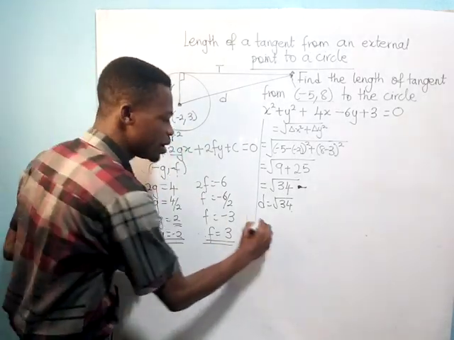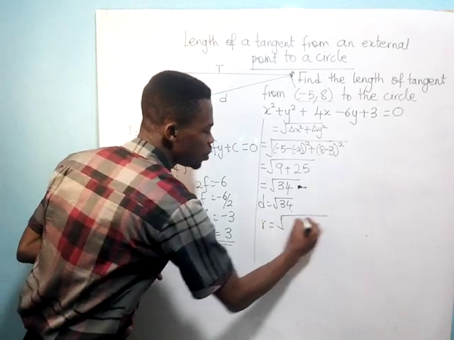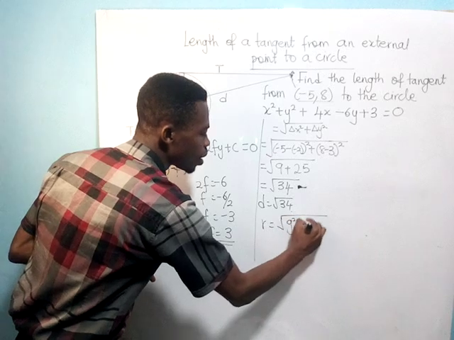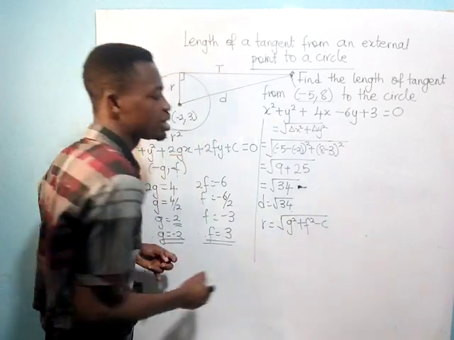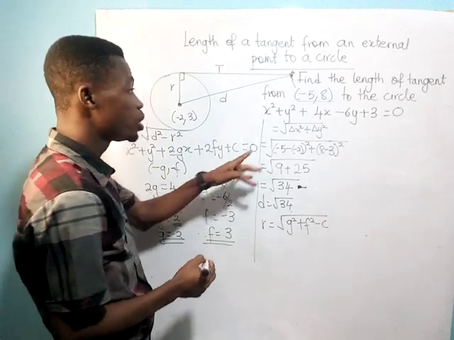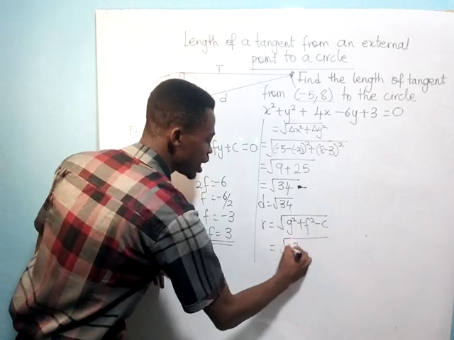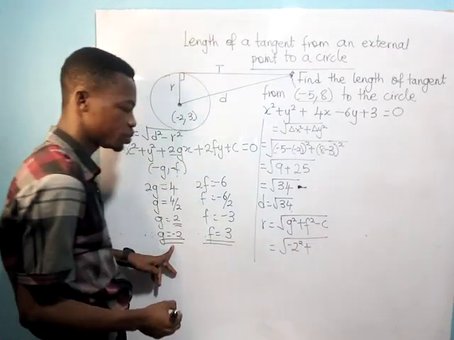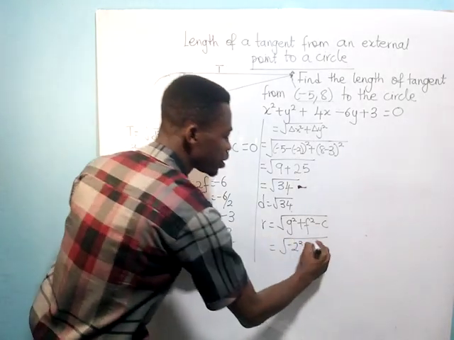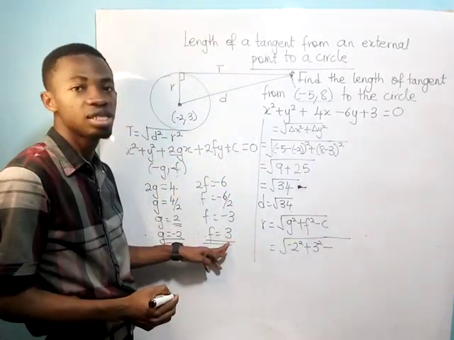Remember, R is given by the square root of g squared plus f squared minus c. Let's solve this one. Here, we know that our g was negative 2, so negative 2 to the power 2. Our f was positive 3, so positive 3 to the power 2. Minus our c.